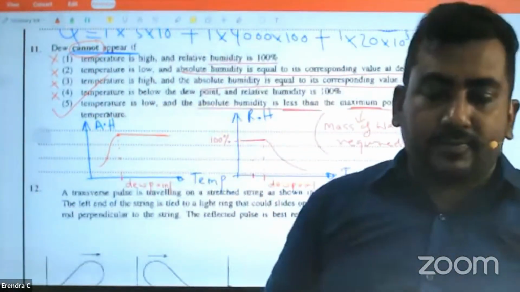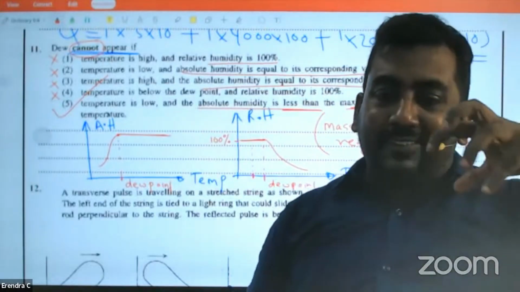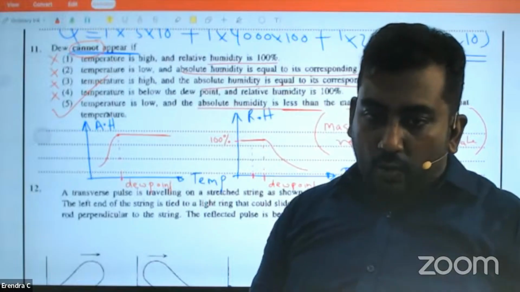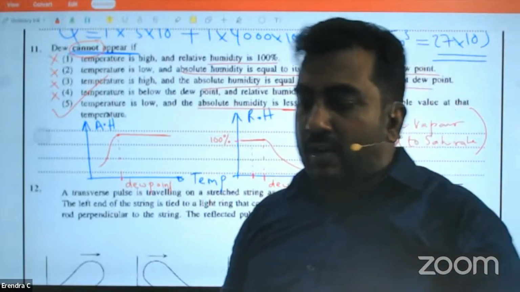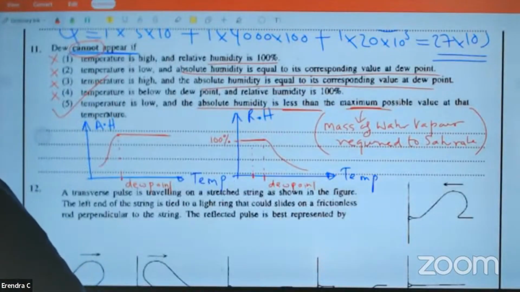Dew will occur only if the existing mass of water vapor saturates.